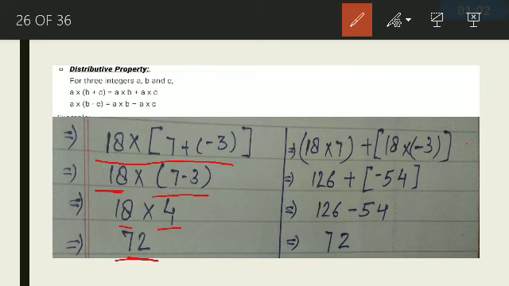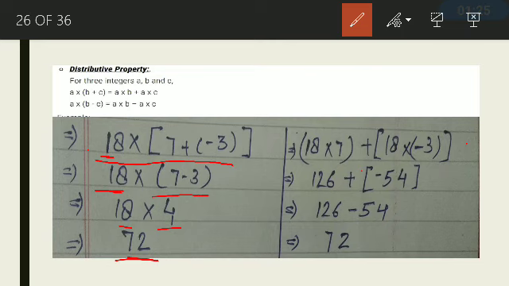Now the second example which is done over here is showing you the utilization of the distributive property. So what does it do? The first integer here, that is 18, you are distributing equally inside the integers given inside the bracket.